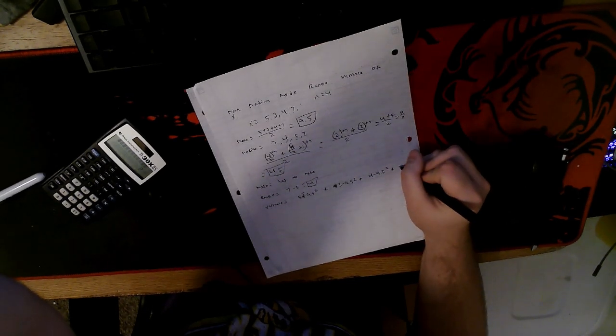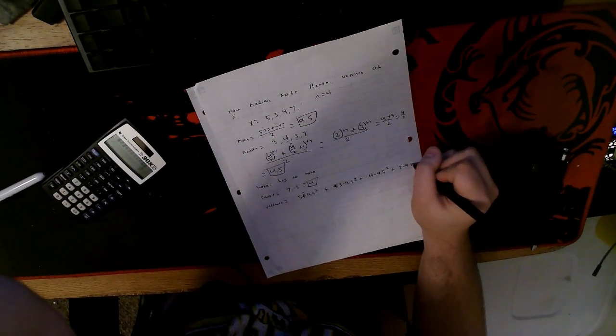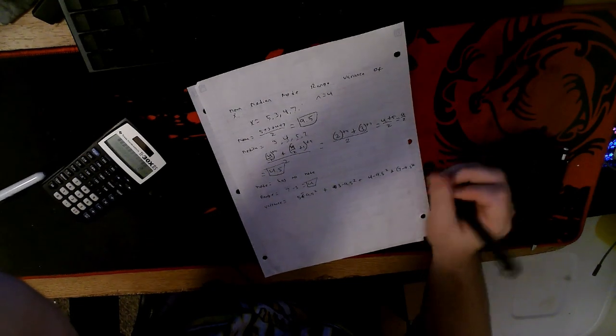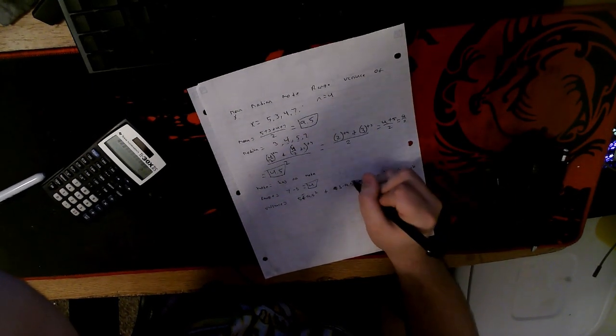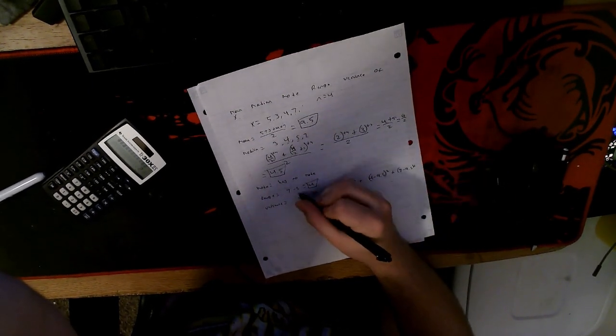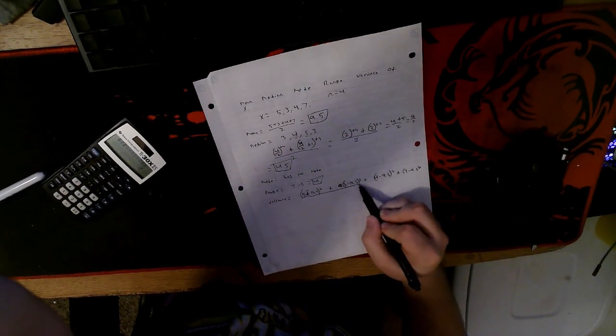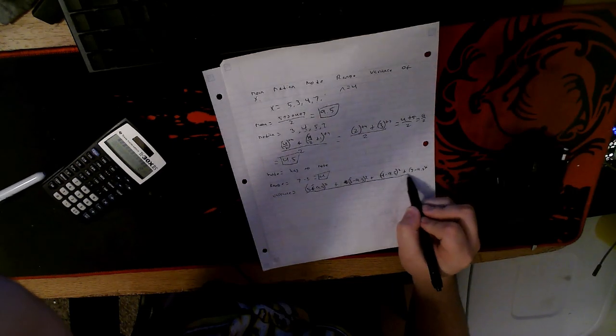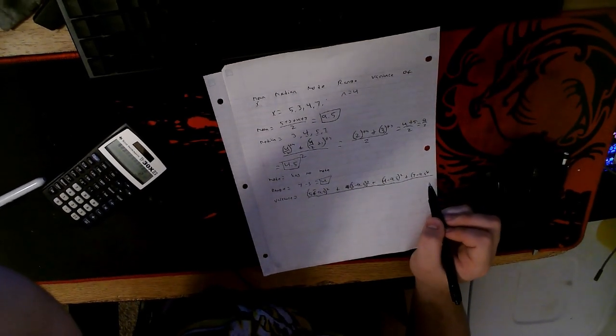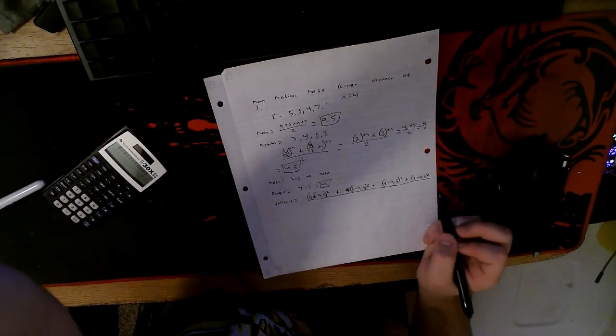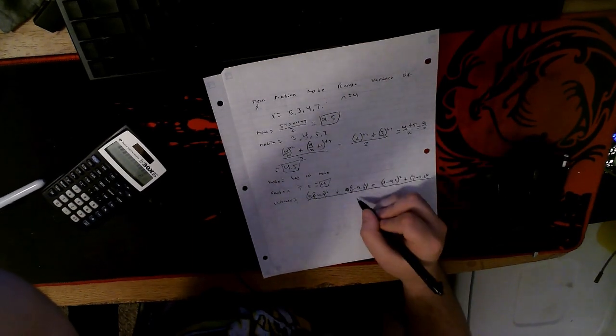Plus 7 minus 9.5 squared. All of that in parentheses, all of that over n minus 1, which is 3.